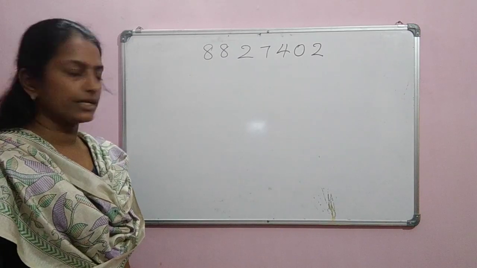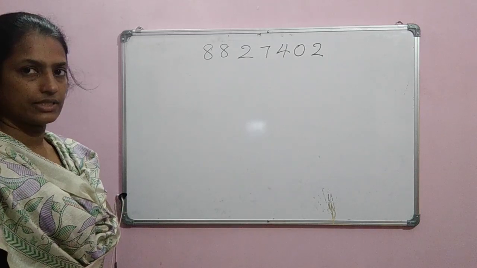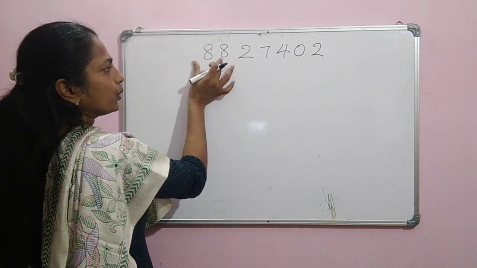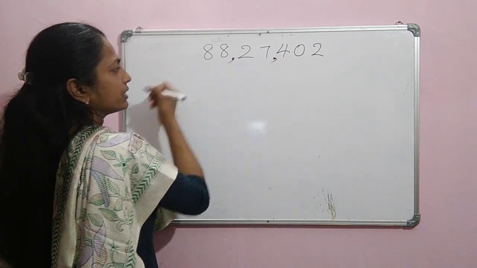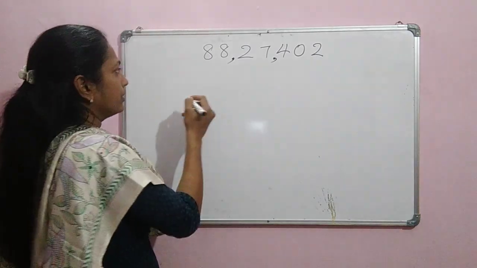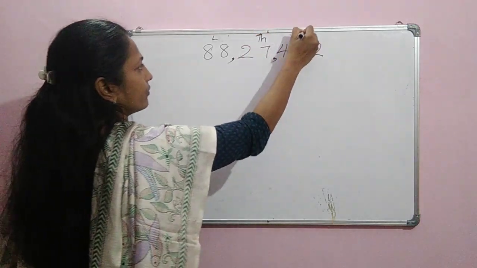Let's see another example. Let's write this first in Indian system. So put the commas first. 3, 2, 2. Ones group, thousands groups, and then lakhs group. So we have lakhs, thousands, and ones.